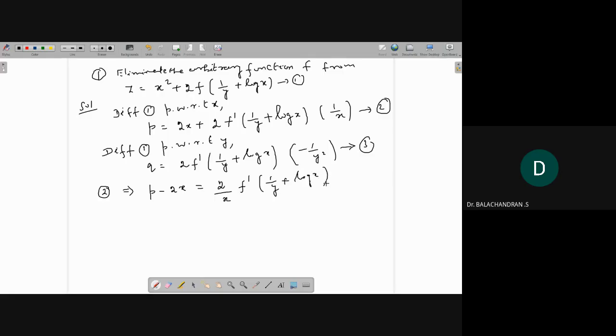From this, f dash of 1 by y plus log x is equal to x into p minus 2x divided by 2.